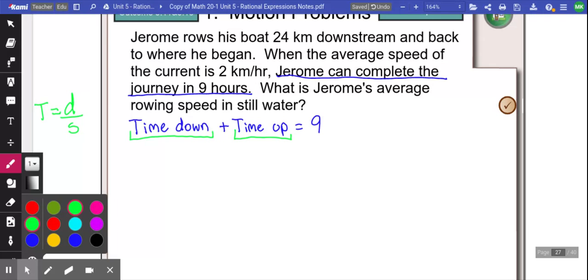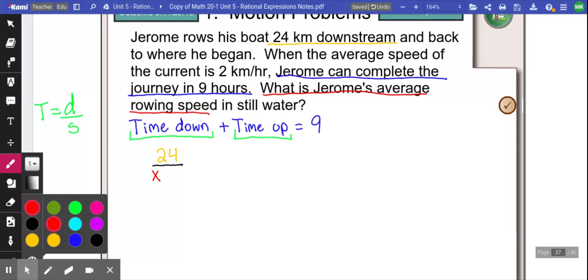The distance that he drove downstream was 24 kilometers. Therefore, it would be 24 divided by his speed downstream. We don't know his speed downstream. That's what it's asking us to find, right? What is Jerome's average rowing speed? So we don't know, so we put x as the speed.